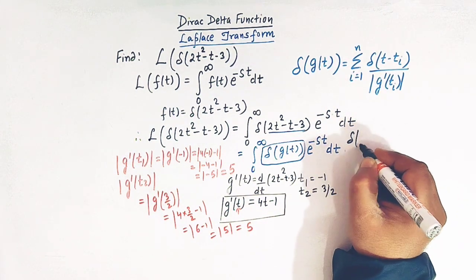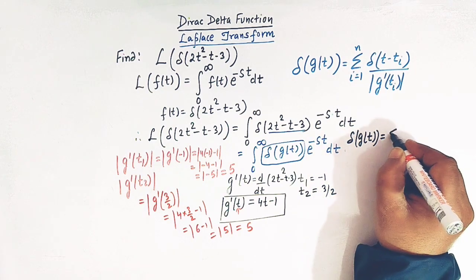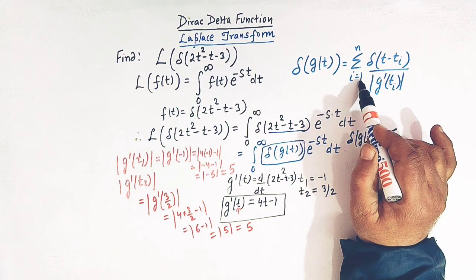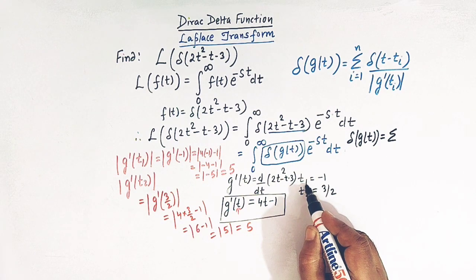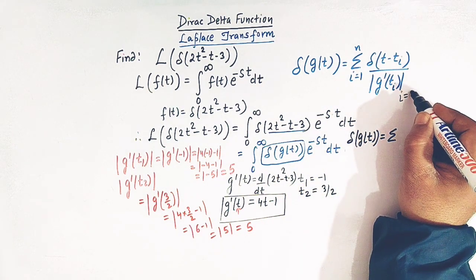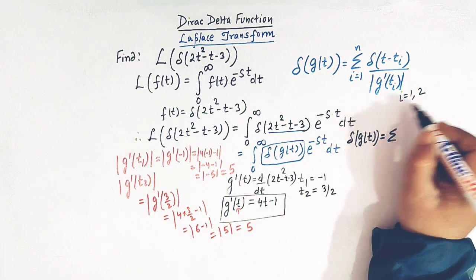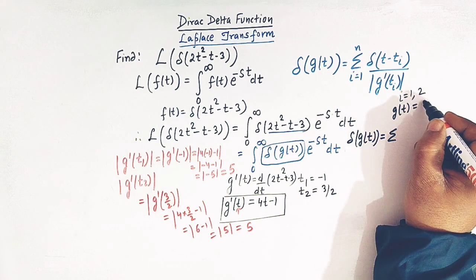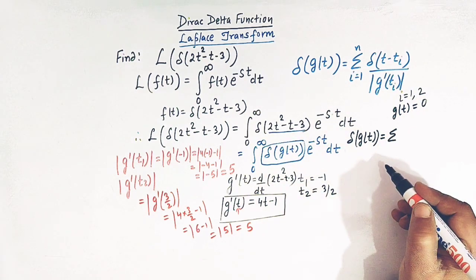So delta of g of t is now equal to sigma, this is the summation sign, and i runs from 1 to n, right? Here we have only two roots, so i should have the values 1 and 2, because the number of roots of the equation g of t equal to 0 is 2, since it is a quadratic equation.